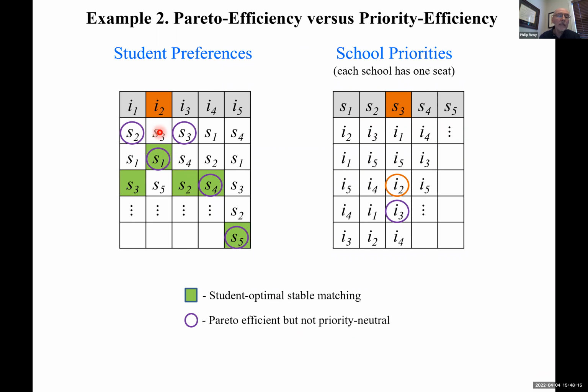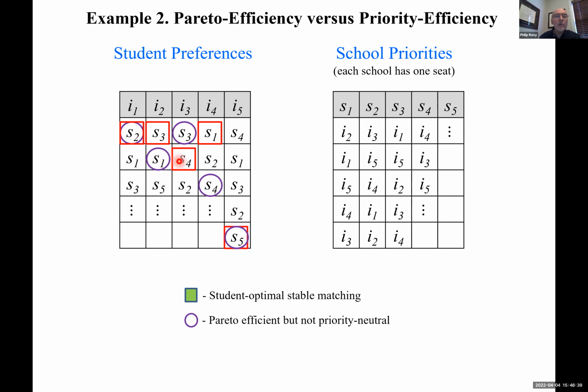Her priority is violated. I can make her better off without violating the priority of any student who's made worse off. And I claim that this matching does it. Here's a matching I claim. It certainly makes student 2 better off. It makes student 4 better off, and it doesn't affect either student 5 or student 1.